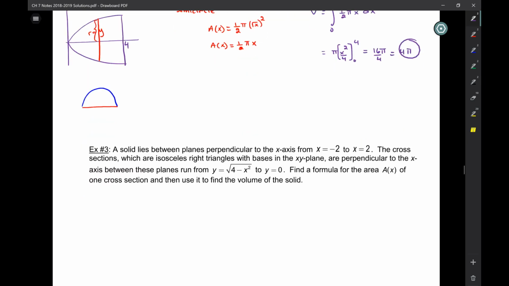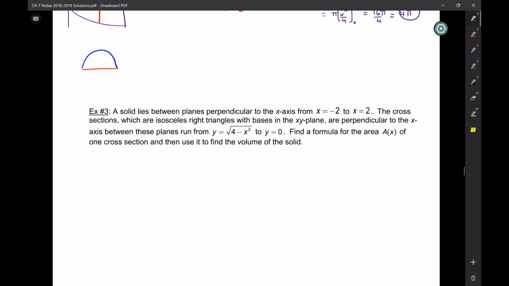All right, let's do another one. This time, a solid lies between planes perpendicular to the x-axis from x equals -2 to x equals 2. The cross sections are isosceles right triangles with bases in the xy plane, perpendicular to the x-axis.